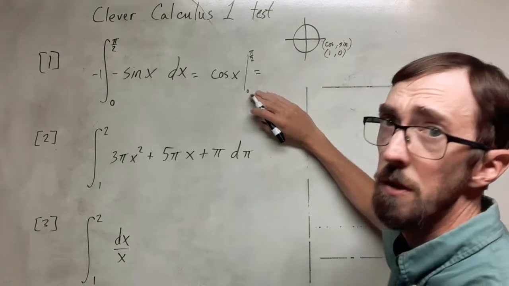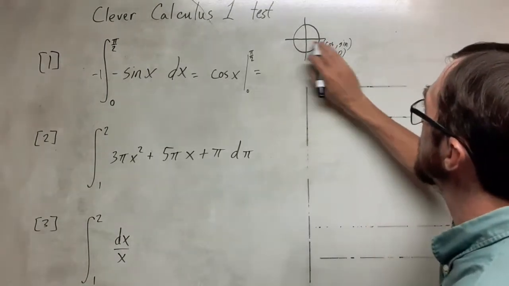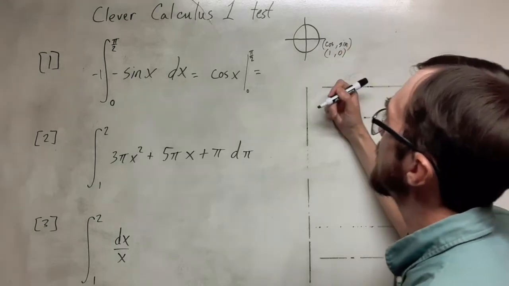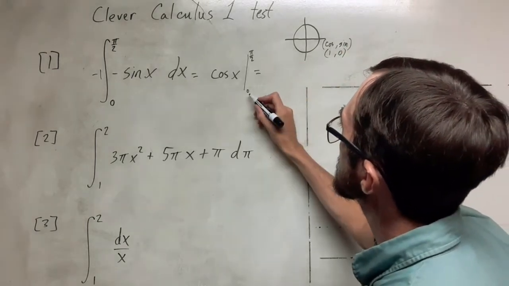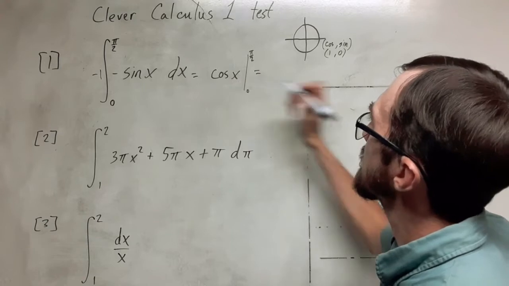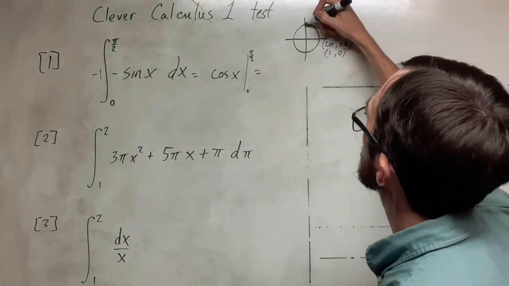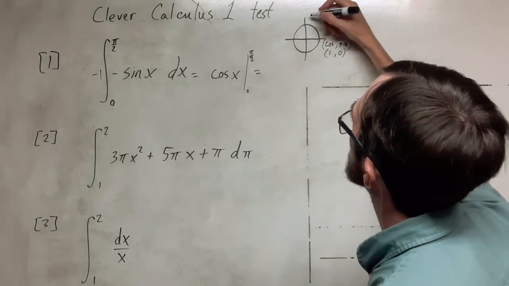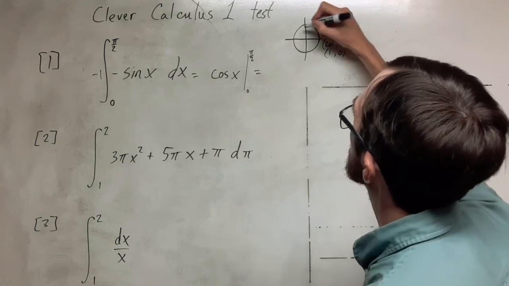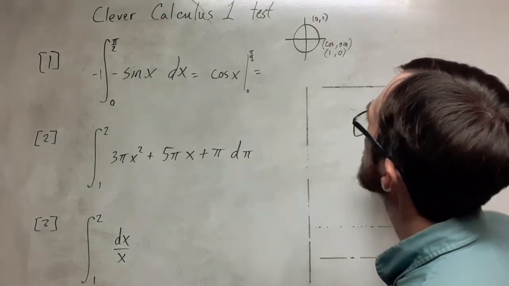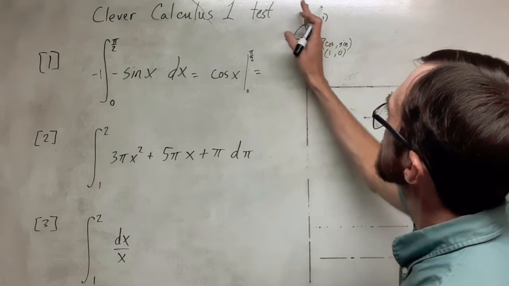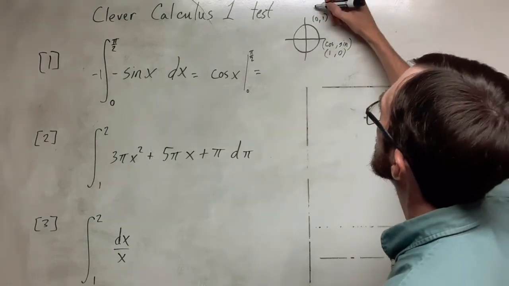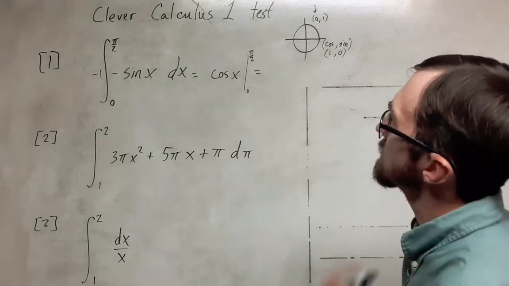So cosine of 0 gives us 1. Up here, our x value is 0 and our y value is 1. So when the angle is pi halves, our x value is 0.